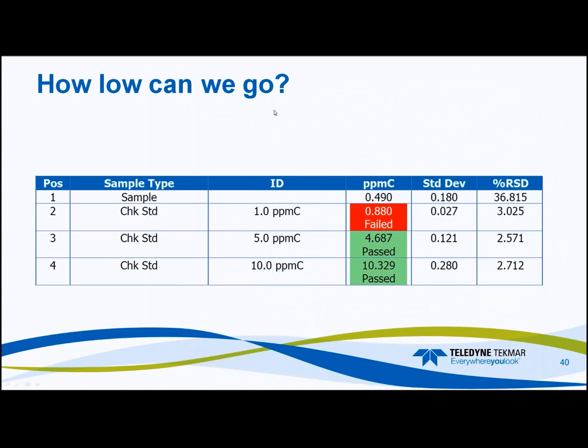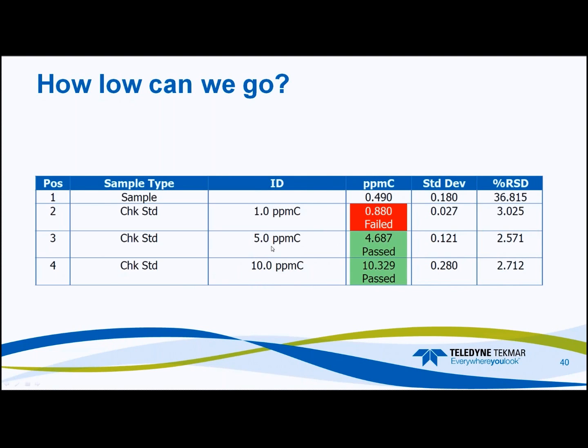So when I talk about how low can we go, I ran this the other day. We were up around 580. Oh no, this was one of the first ones that I ran. After around 350 to 400 samples, we ran a 1, a 5, and a 10 ppm. Now, as you can see, the 1 is out. It's more or less within plus or minus 15%, but it's just outside of that 10% range.